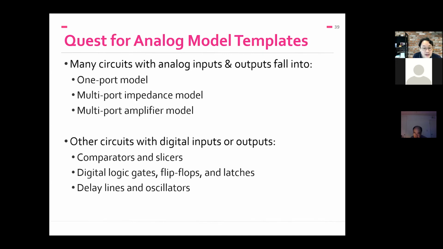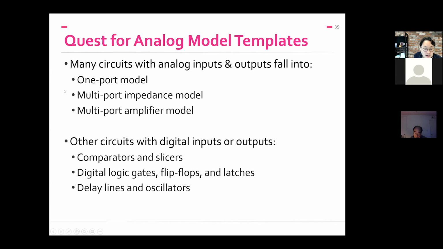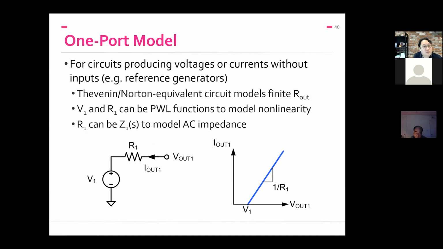And there are circuits like delay lines and oscillators that may look like they're propagating digital information, but you are really controlling their analog behavior, such as delay or frequency, sometimes duty cycle, and so on. So in this talk, I'll mainly focus on these three template models, which apply to circuits with analog inputs and outputs. Starting with the one-port model.